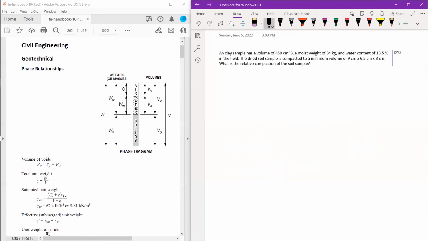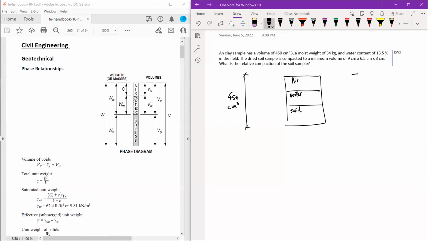For phase diagram problems and also for soil index properties problems, I highly recommend starting with a phase diagram. It helps you organize your information, and it will help you solve the problem throughout the process. So the phase diagram, as we know, has the air, water, and solid. And then put down what is given. It's given the total volume of 450 centimeters cubed.